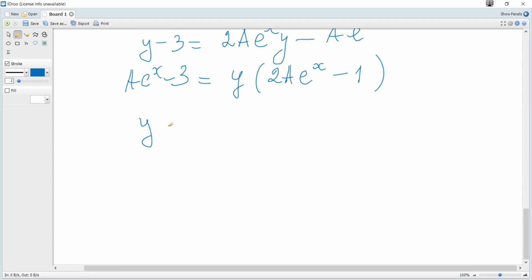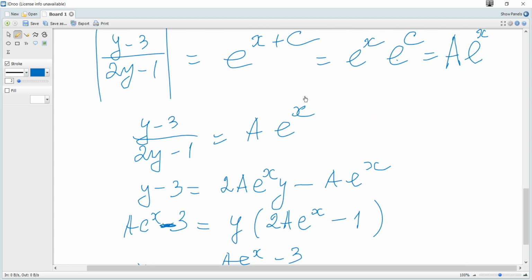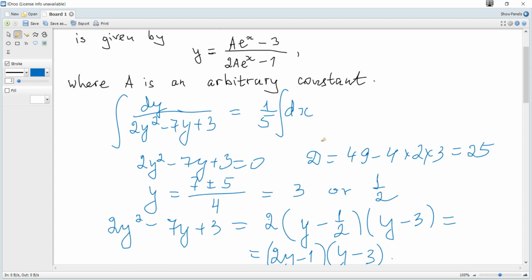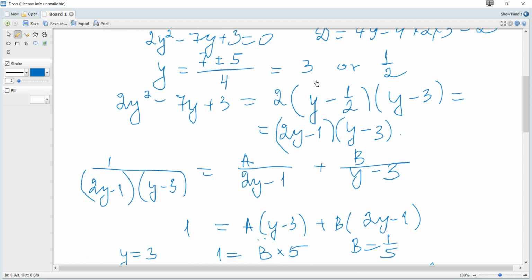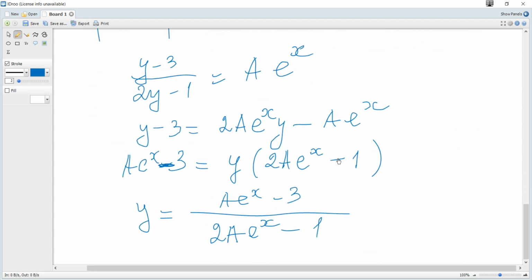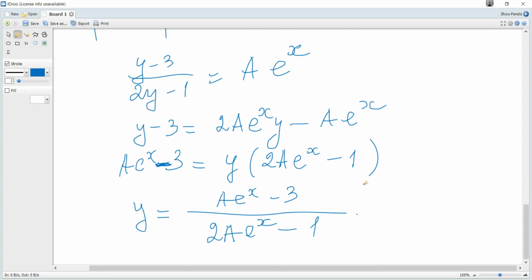Then y is a e to the power of x minus 3 over 2a e to the power of x minus 1. As required. And that's all for this question.